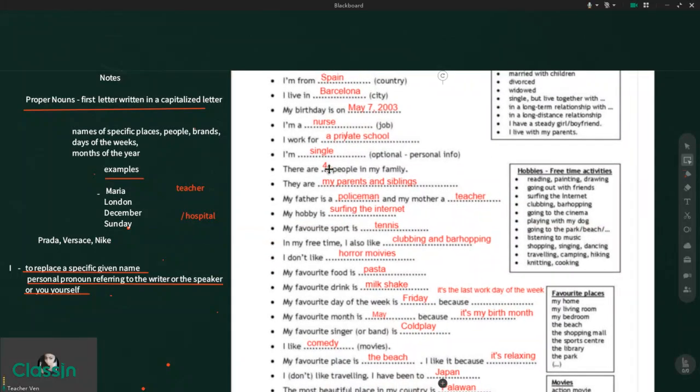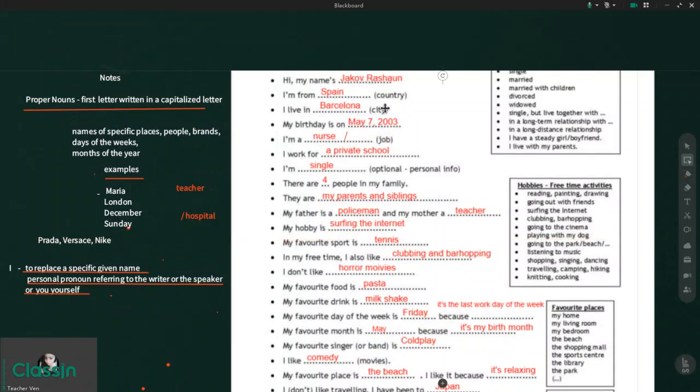The same with our third one, I live in Barcelona. Barcelona is also a specific name of a place. So just like Spain, you write a capital letter B and the rest are small letters. I live in Barcelona. That's the correct format.